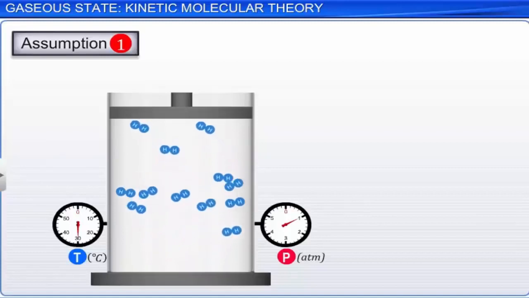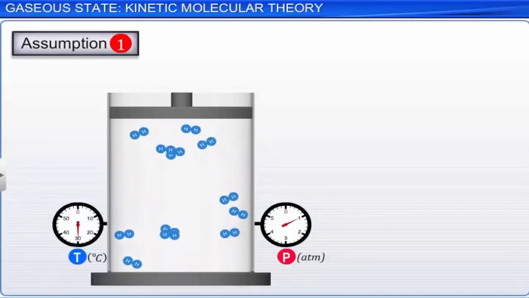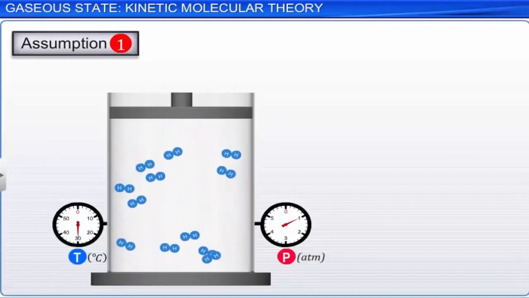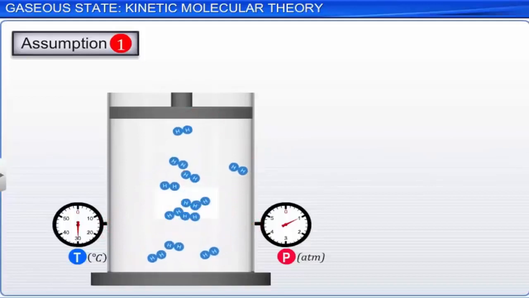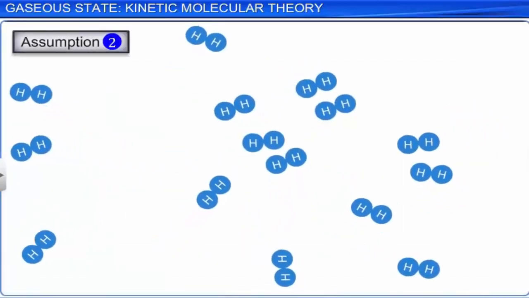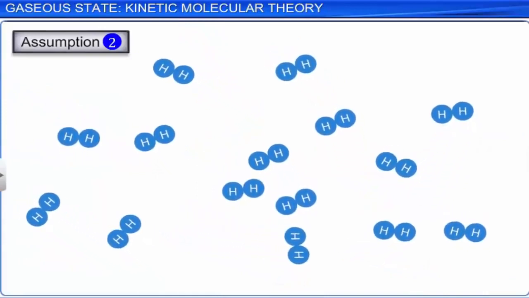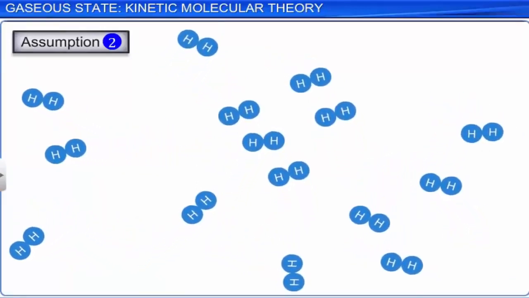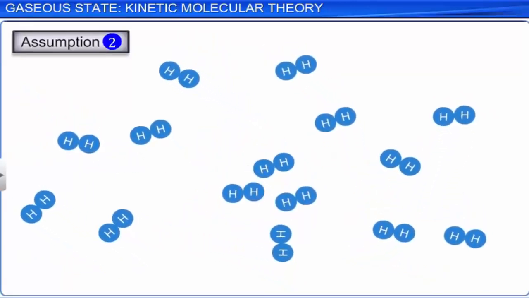The pressure exerted by the gas is due to the bombardment of its molecules on the walls of the container. The molecules of a gas are separated from each other by great distances. Hence, the actual volume of all the molecules of the gas is negligible when compared to the total volume occupied by the gas.